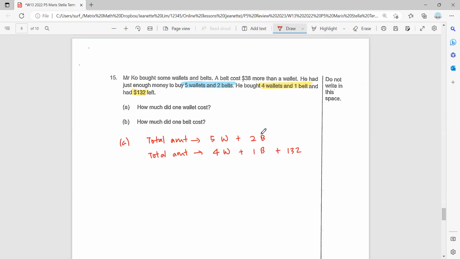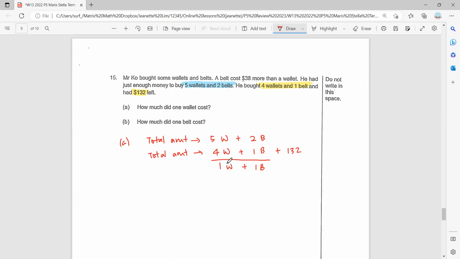Okay, so the first one, how much more is it than the other? How many more wallets, how many more belts? If you compare, the first line has 1 more wallet and 1 more belt. So he could have used this remaining $132 to buy another wallet and another belt to get 5 wallets and 2 belts, right?